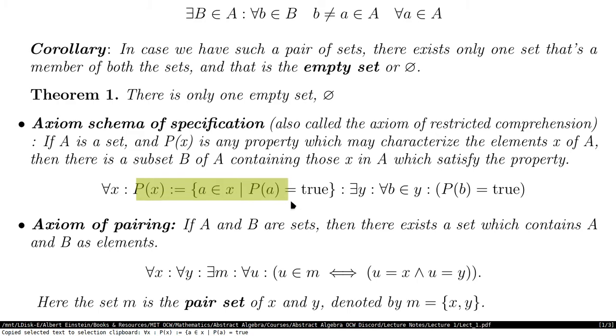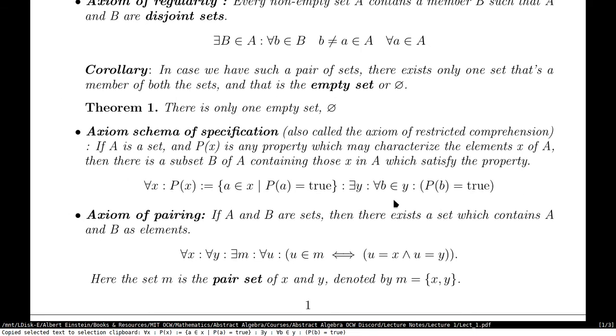If you have such a property P of X defined on X, then there exists a set Y such that for all the elements B in Y, P of B is true. So all the elements of Y satisfy the property, and thus you get Y as a subset of X.